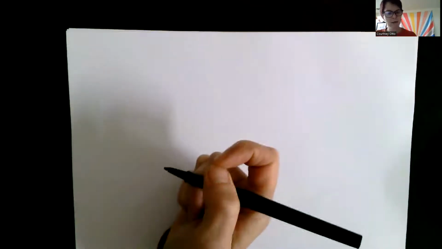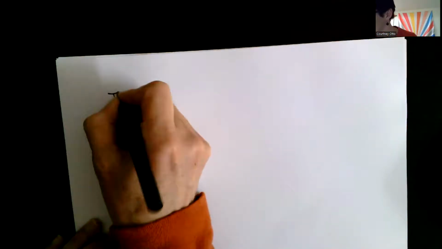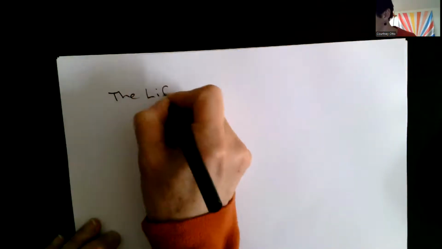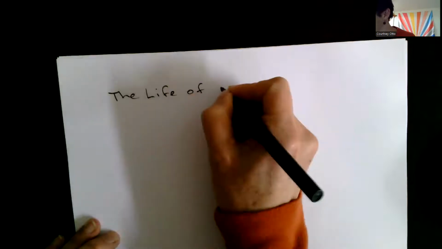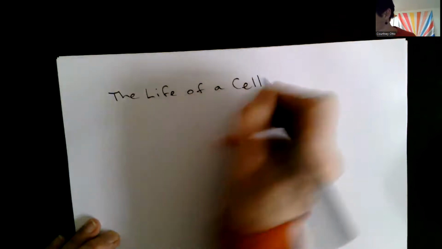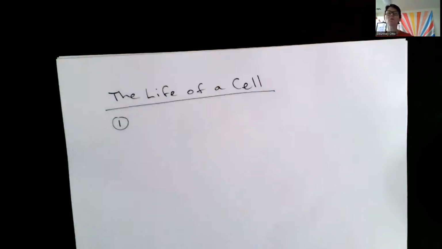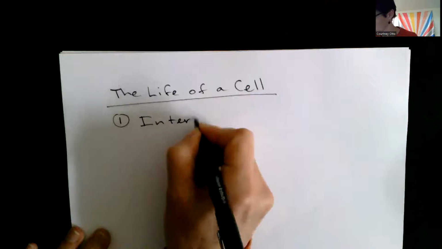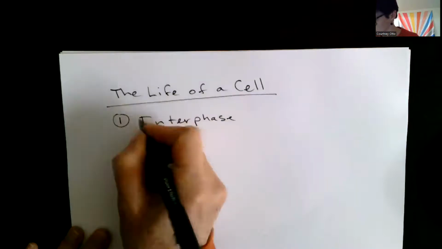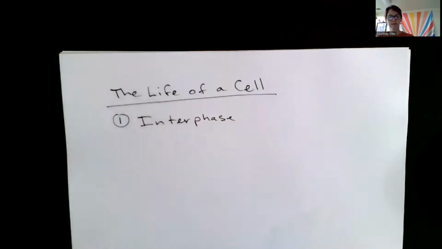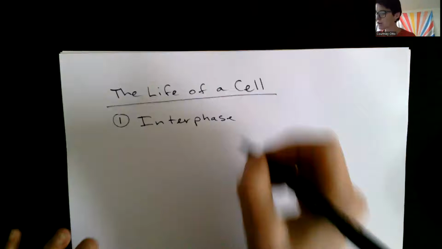So if we think about a cell, there's two stages in the life of a cell. Now, most of a cell's life is going to be spent in what we call interphase. And in interphase, a cell is doing whatever its normal function is.